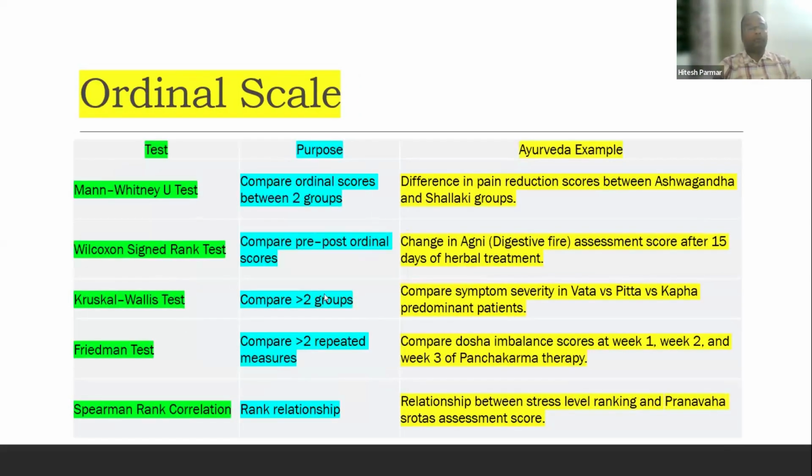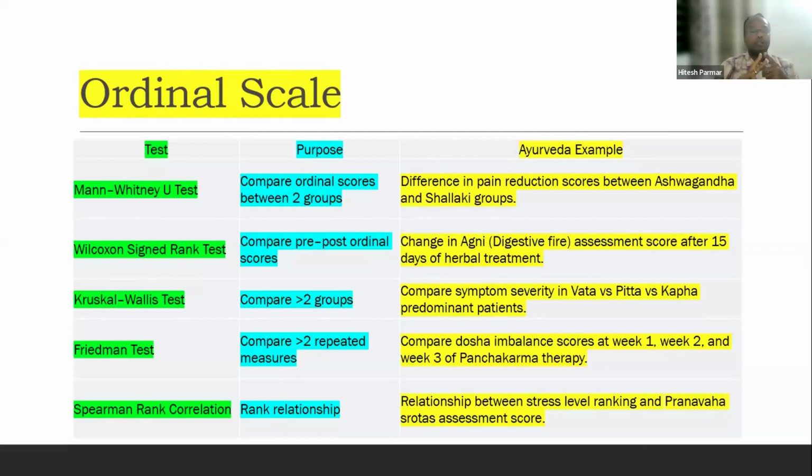Say for example, if you have ordinal data, we need to answer some questions. First of all, how many groups are we dealing with?